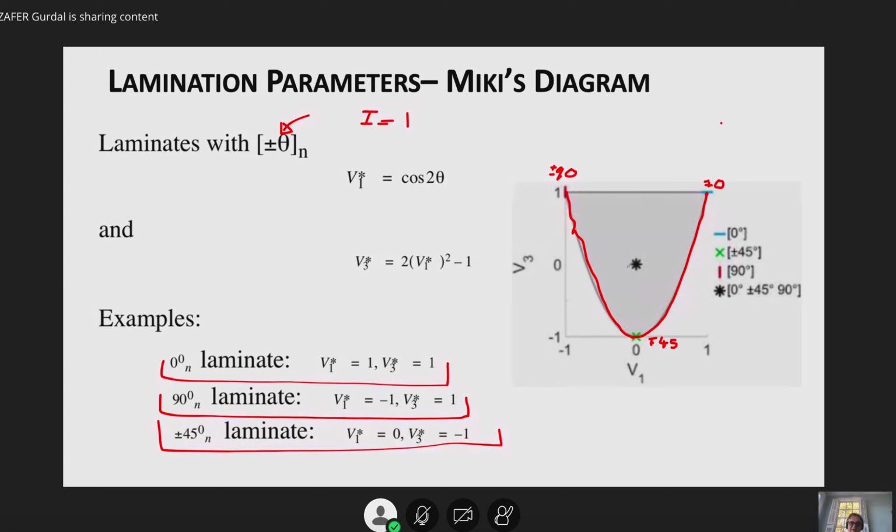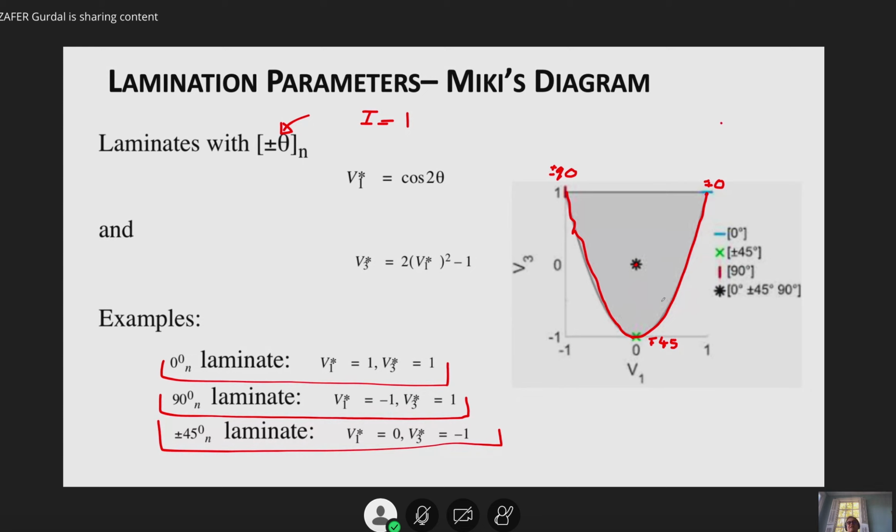So this gives a hint that with some other combination of V1 star and V3 star, you can reach a V1 star of 0, a V3 star of 0, and that's going to be a quasi-isotropic laminate, regardless of the orientation angles, as long as V1 star is equal to 0 and V3 star is equal to 0. All right.